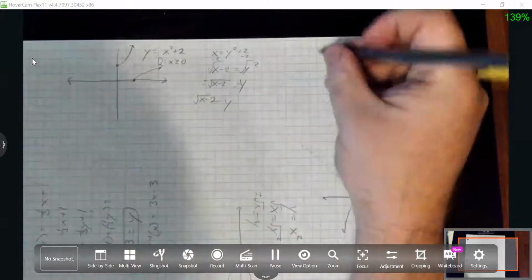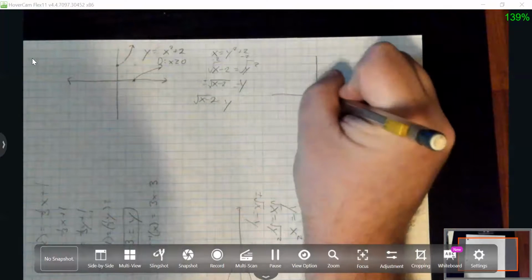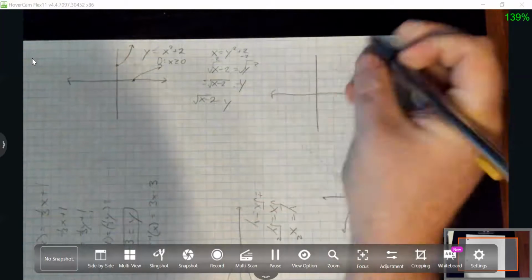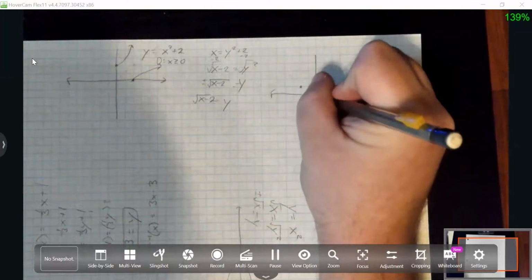As a flip side of this, what if we had a graph that looked a little bit different? What if instead we were only looking at, say, this graph here?